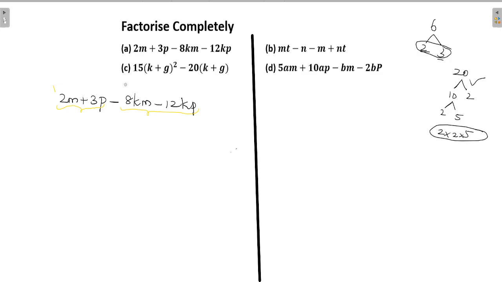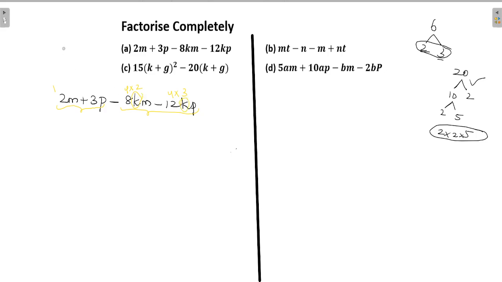8 is a multiple of 2, and 12 is a multiple of 2, 3. So 4 times 3. 8 is a multiple of 4, at the same time 12 is also a multiple of 4. So 4 is a common factor, at the same time this k is also a common factor.